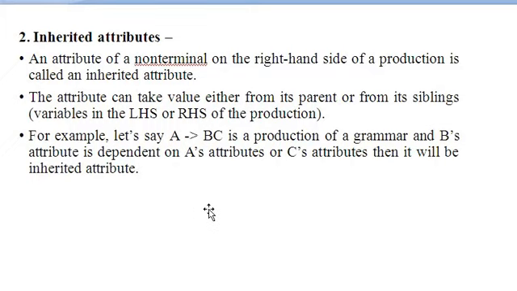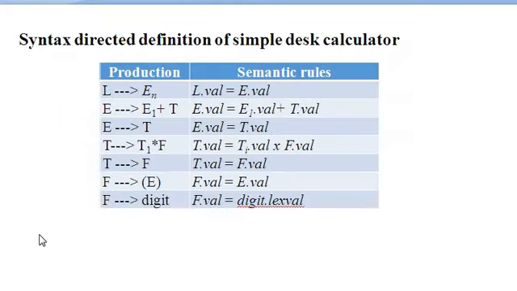For any simple desk calculator, first you have to perform basic functions. In a simple desk calculator, you have to perform either addition or multiplication, or sometimes parentheses may be given.